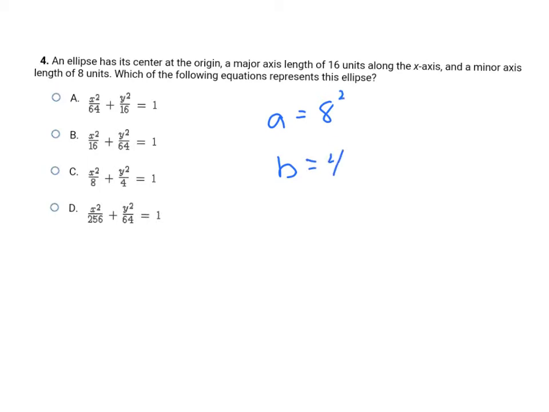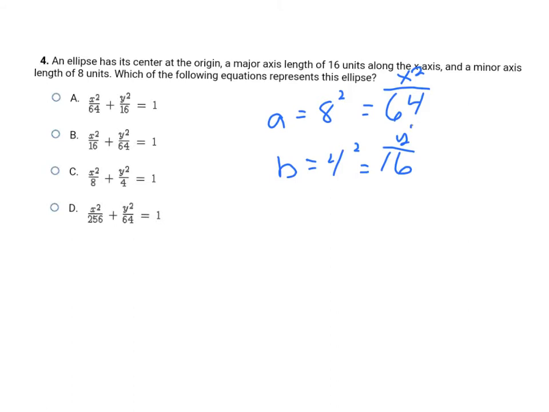And then we square these numbers to get the numbers that go in the denominator of our equation. So 8 squared is 64. 4 squared is 16. And so because the 64 is the bigger number, that's going to be my major axis, and the major axis is along the x-axis, so that's going to have the x squared above it.